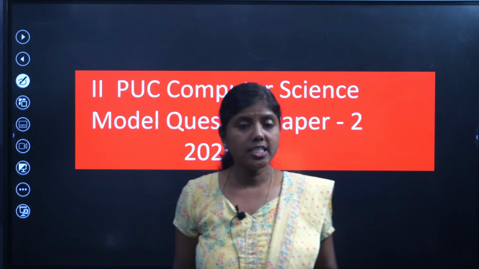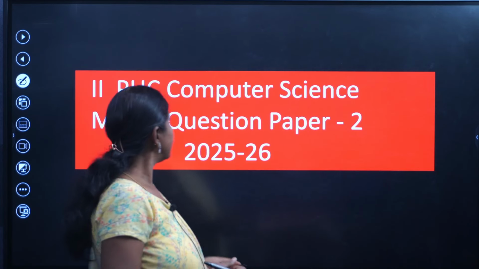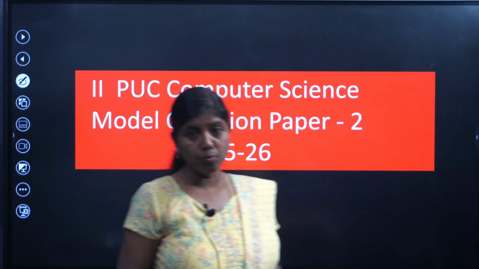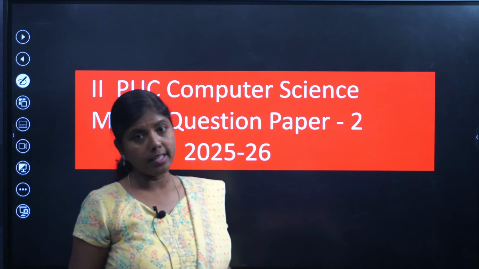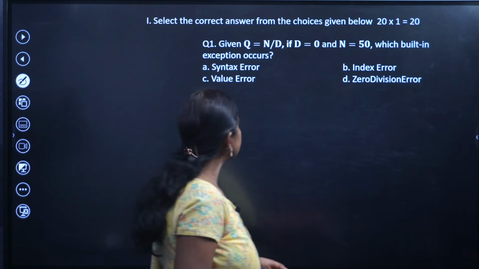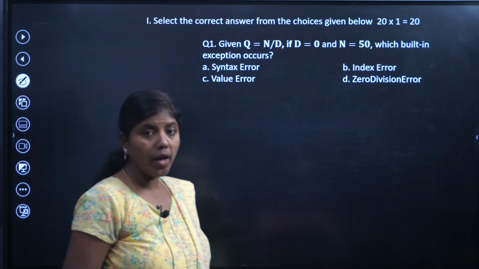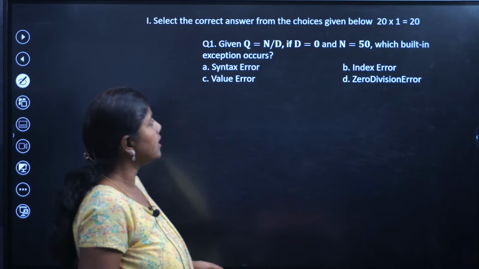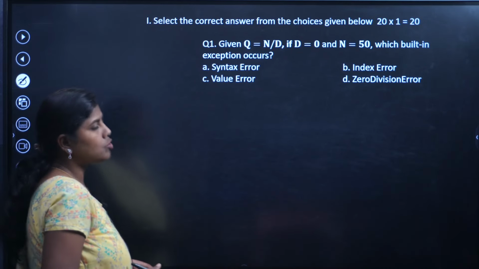Today's session is the second PUC computer science model question paper 2, released by the PU board. The complete solution will be in this session. The first MCQ is: given Q equals N by D, if D equals 0 and N equals 50, which built-in exception occurs?